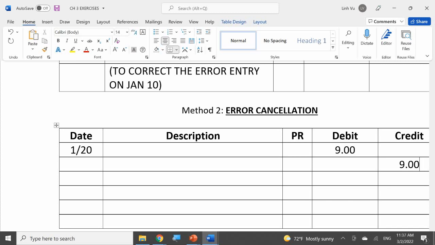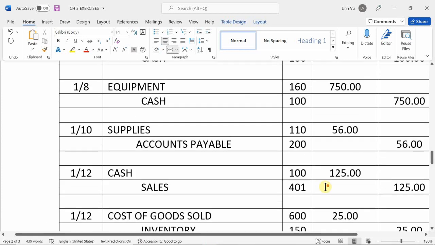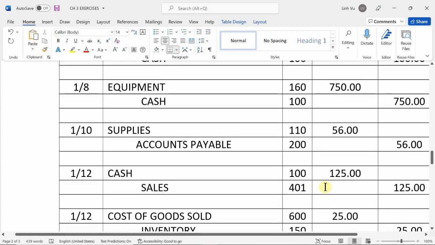So there you go. I determined the difference. Now I need to understand which account is under or which account is over. So in this case, am I over or under in my supplies? Under, right? Because you originally recorded 56 and you need that to be 65. So am I going to increase my supplies or decrease it?